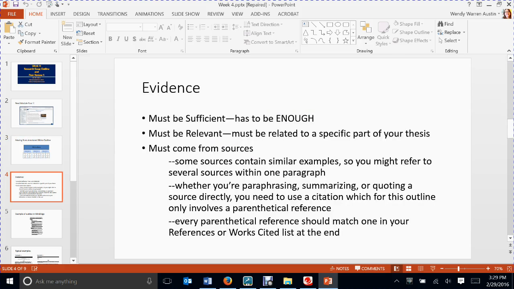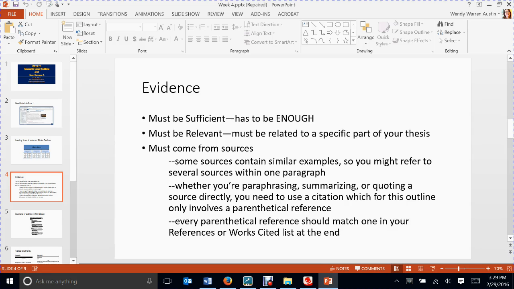And the information that you use to support your main paragraphs and main points, you have to have enough evidence to be ample enough to support the point sufficiently. You have to have relevant evidence that relates to your thesis in content. It shouldn't be too far from an analogy or example to your situation that you're talking about.